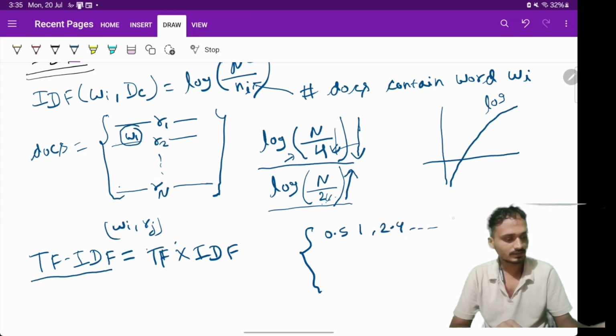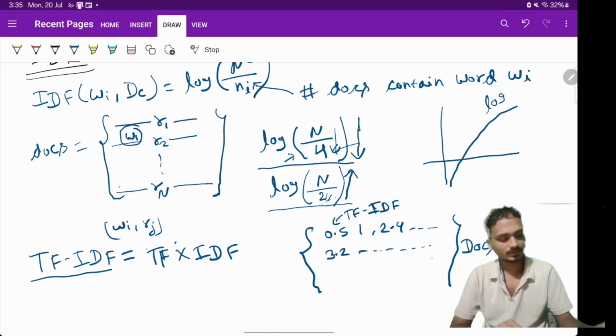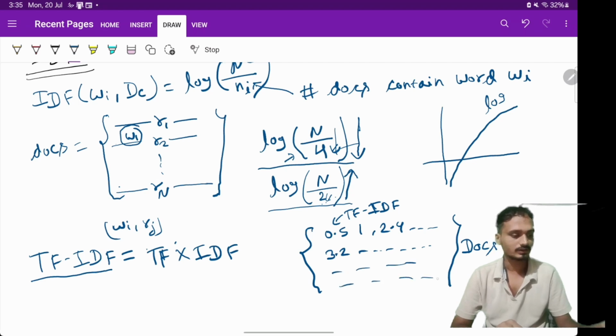Our docs will be like this, where all these are TF-IDF multiplied together. Similarly we will have 3.2, dot dot dot. Then we will have the entire docs computed by the multiplication of TF and IDF, and we have already seen what TF is and what IDF is.